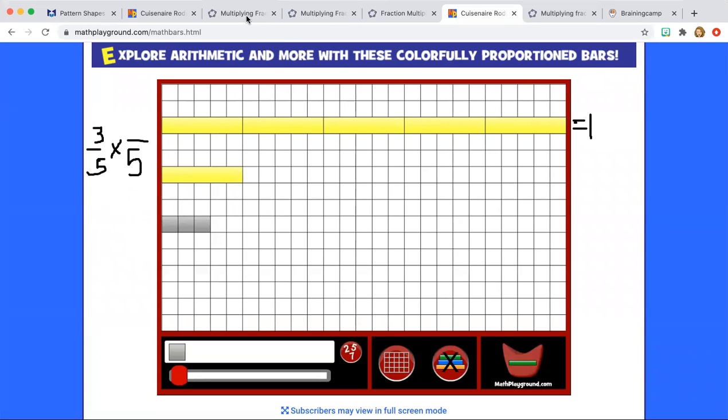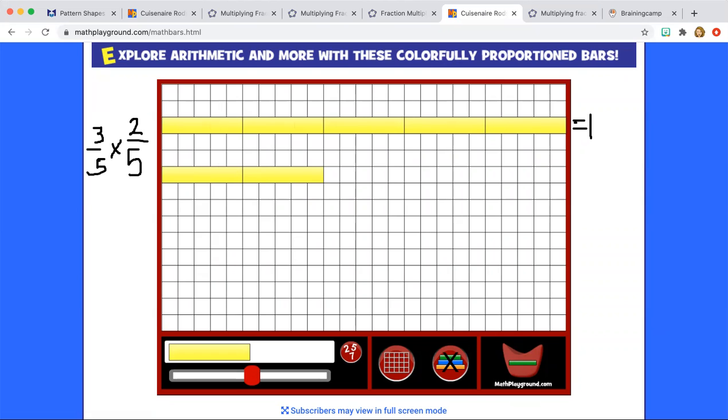So we're thinking of 3/5 times 2/5. So if we're thinking about it as 3/5 of 2/5, then we want to find our 2/5. Here's 1, 2, 3, 4, 5, and then we want 2 of them.